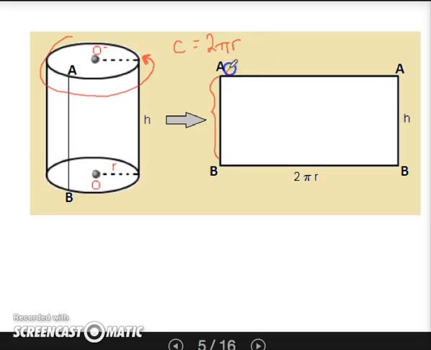And that distance around has to be the length of the label so that it will make it all the way around and back to where it started from. So the lateral surface area for a cylinder is simply 2 pi r, that's the base, times the height. It's a rectangle, and that's the formula for the area of a rectangle.